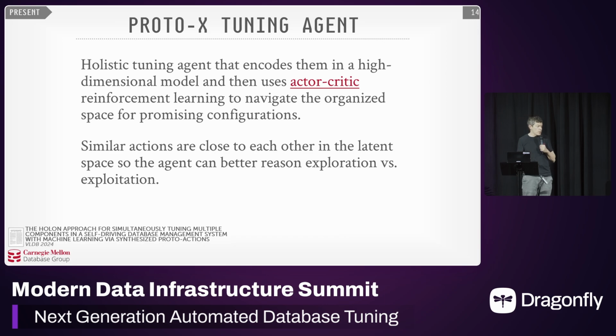And of course, like any reinforcement learning algorithm, there's a trade-off between exploring more solutions of the unknown space versus exploiting what you already know about. And like any other algorithm, this isn't magic. It can take a while to figure out what the right configuration is.